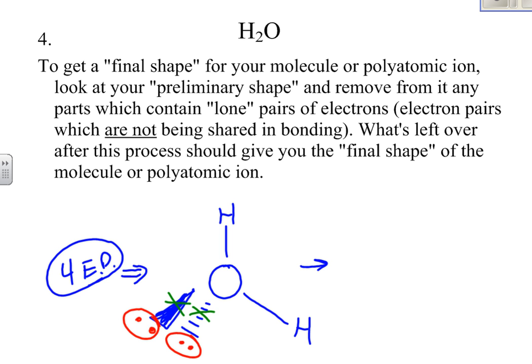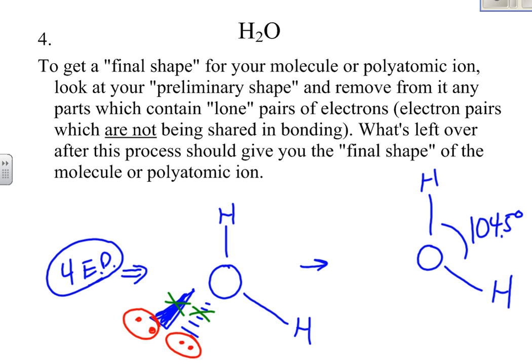And so I would get a final shape that would look like this. Now, the angle here, because we have just electrons over on the other side, is going to get scrunched in a little bit. So that angle there is going to end up being 104.5 degrees.